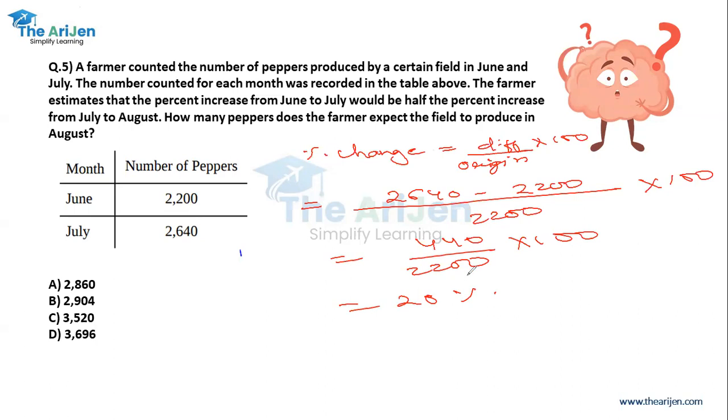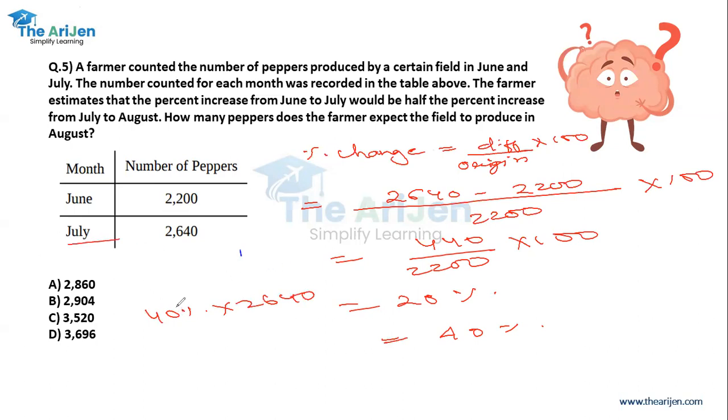Now if this is half the percent increase from July to August, then the percent increase from July to August must be double of it. So double will be what? 40%. Now to find the number of papers expected in August, we have to find 40% of July's amount, so you multiply 40% by 2640 because July has this number.